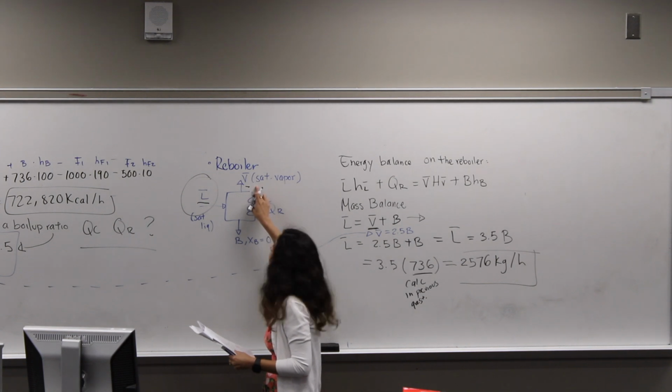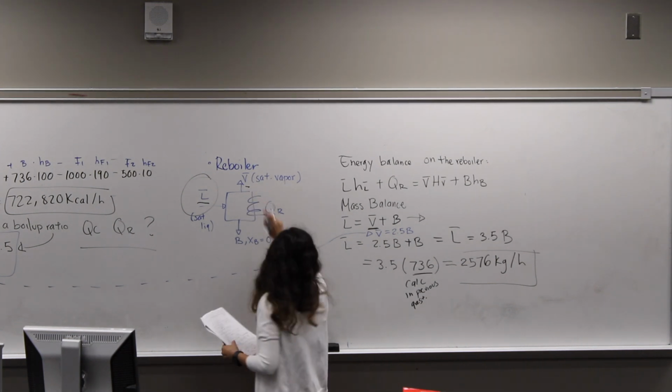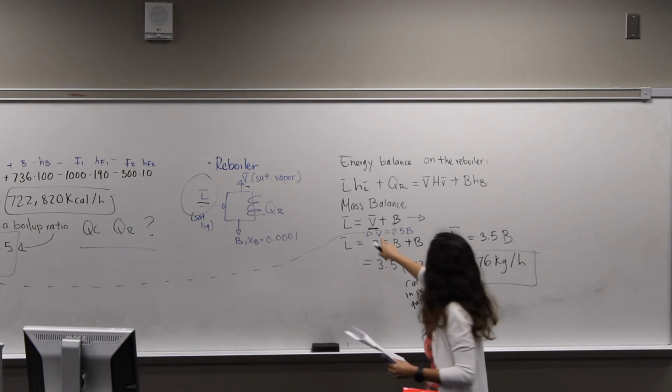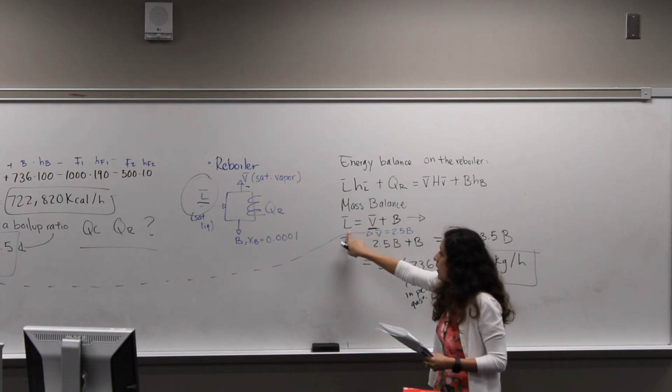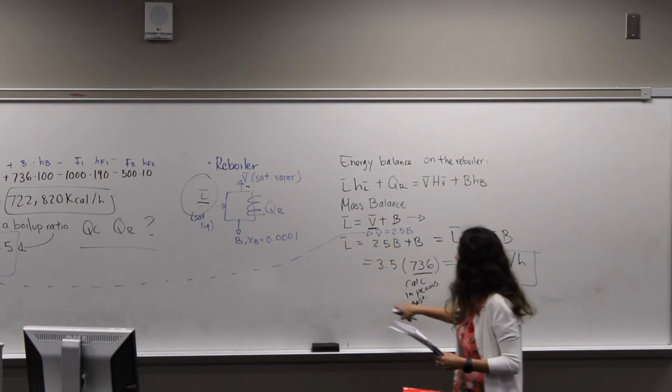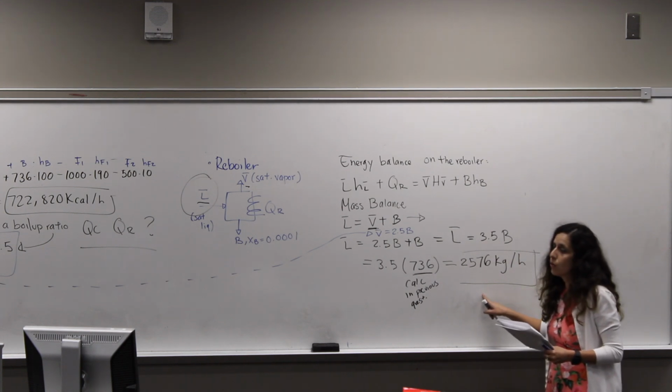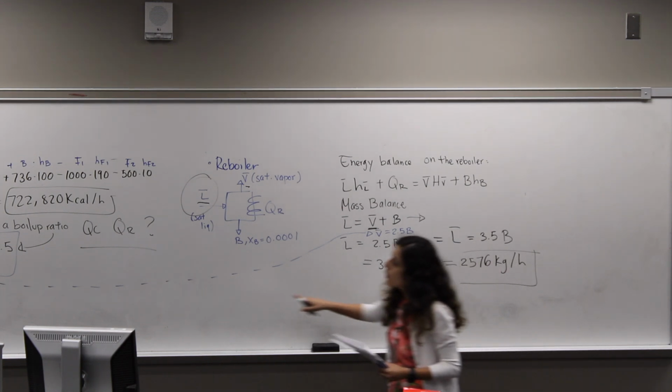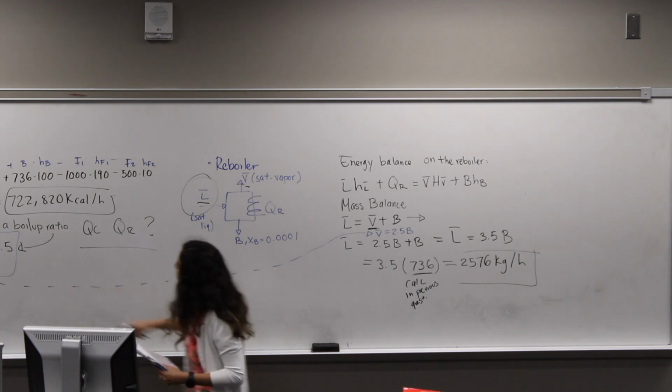So let's get the saturated vapor, please, and let me know how much you get. It's going to be the saturated liquid minus the bottoms. And we just got the saturated liquid from the boil-up ratio that we are given.